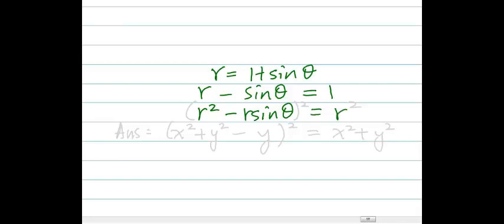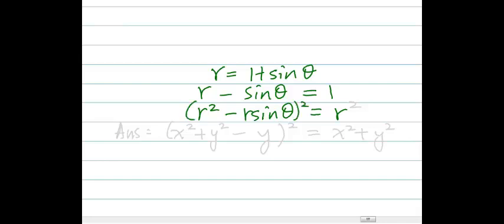Now r is a little bit difficult to handle. We have in our equation from the theorem r squared equals x squared plus y squared. So we will square both sides of the equation.